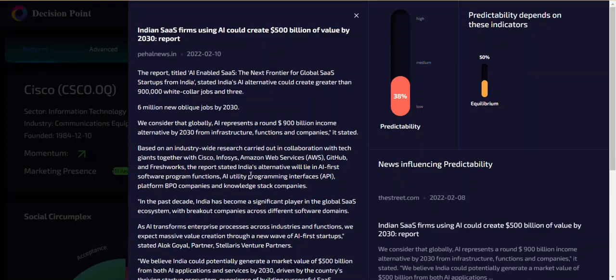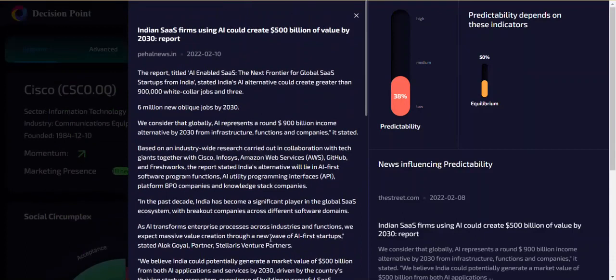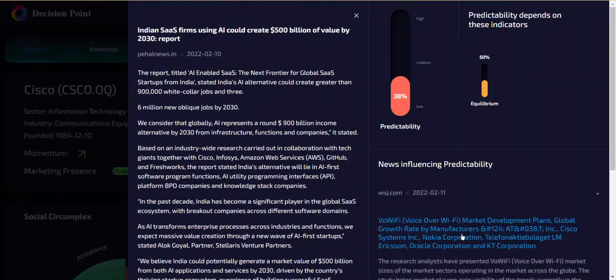The report stated India's alternative will tie in AI-first software program functions, AI utility programming, interfaces, APIs, platforms, BPO companies, and knowledge stack companies. As you read down, you can read all of this and say, okay, that's where it's getting that information, and it goes on. You know, is voice over Wi-Fi.